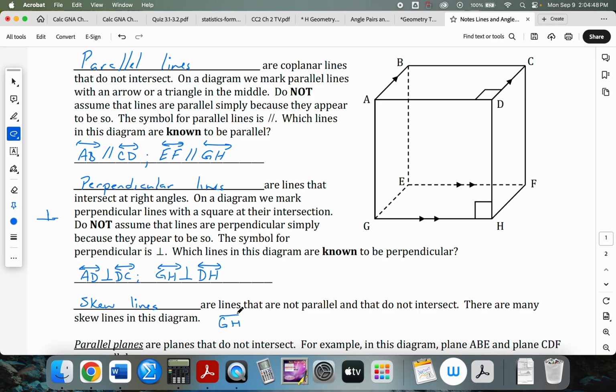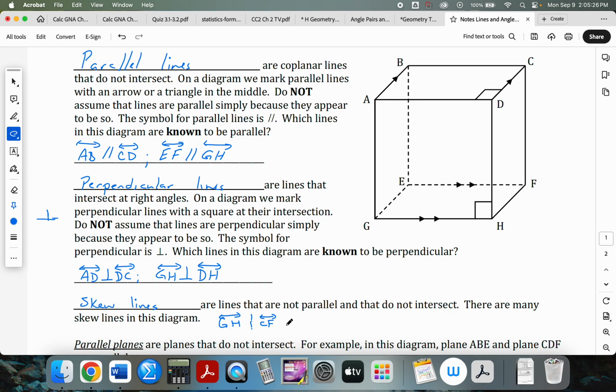For example, line GH and line, we'll say line CF. CF is going vertically in the back. GH is going horizontally in the front. They're never going to intersect each other, but they're not parallel either. When you get into 3 dimensions, not everything is either parallel or perpendicular. You have things that are neither.